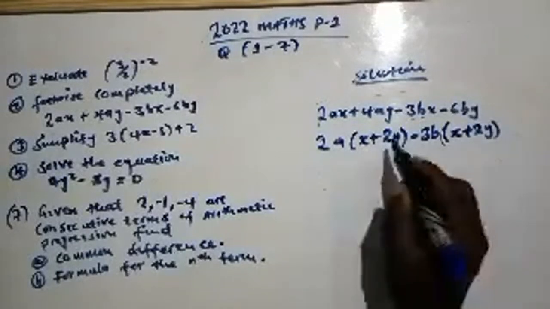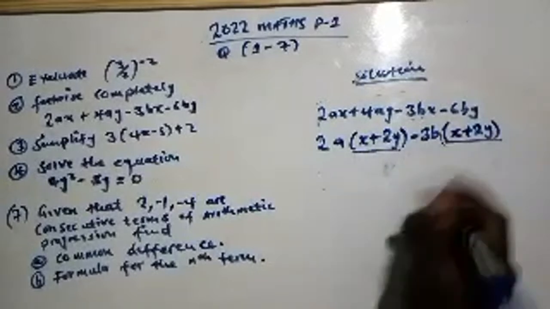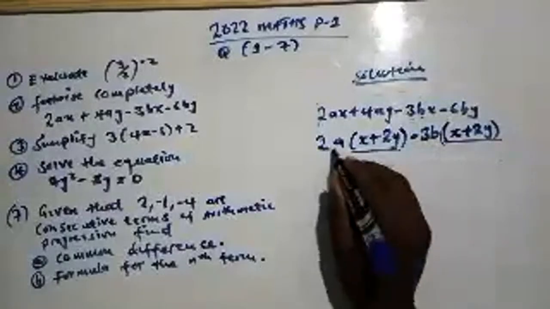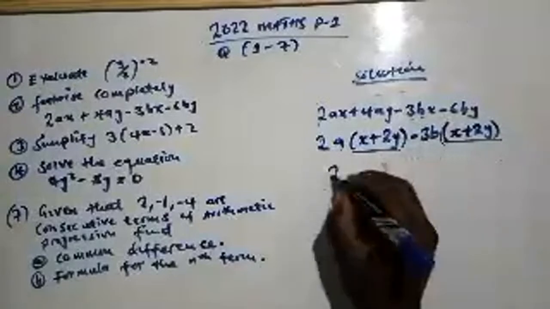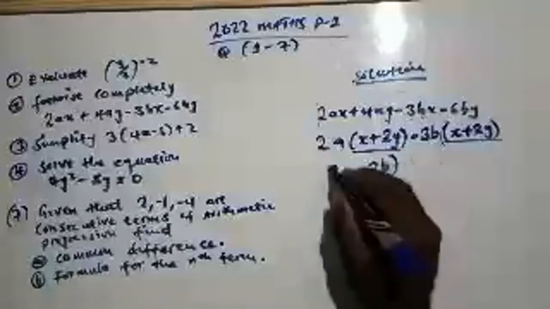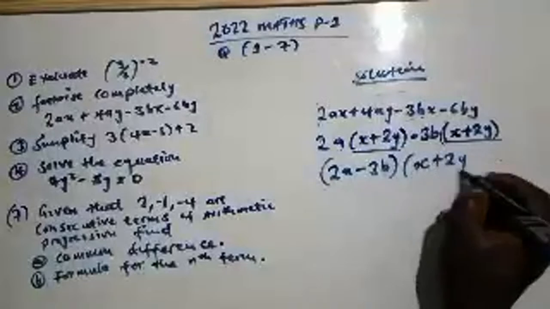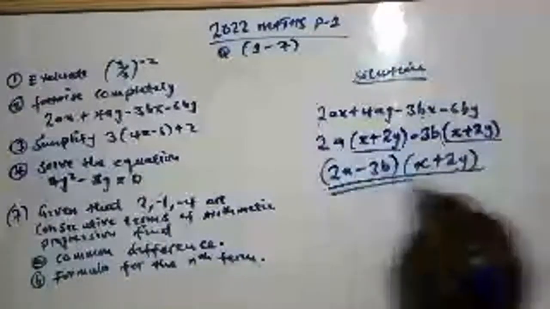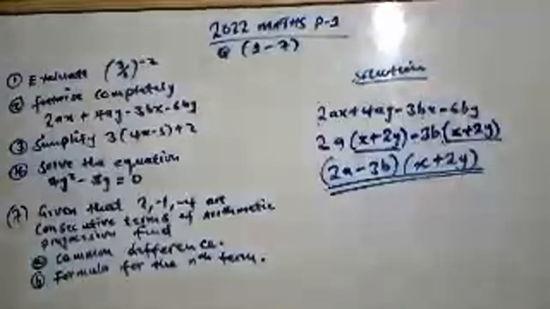Okay, if you can see, we have this term which is common, so we're going to only get one term, okay, in which we're going to take this term, which is 2a minus 3b, okay, in the bracket, then open bracket, x plus 2y. Okay, this is where we end, because we are only taught to factorize.